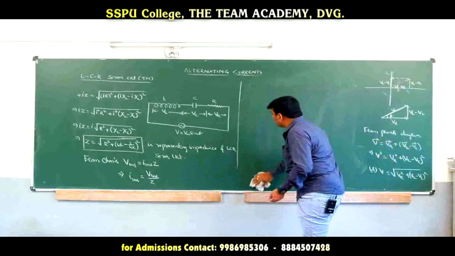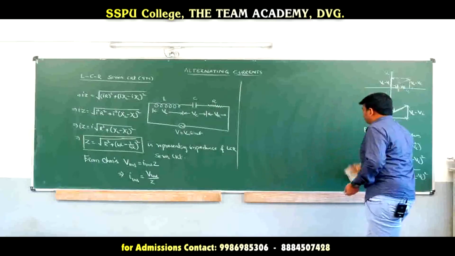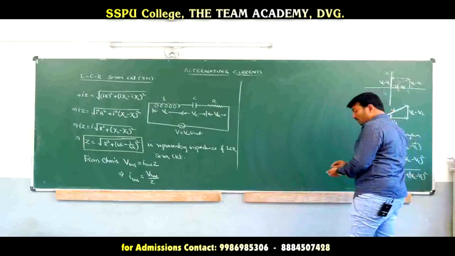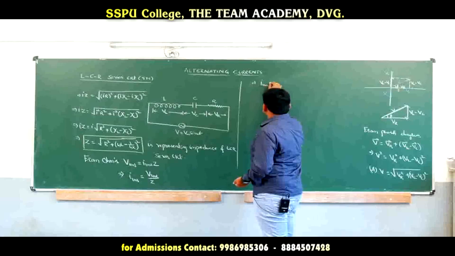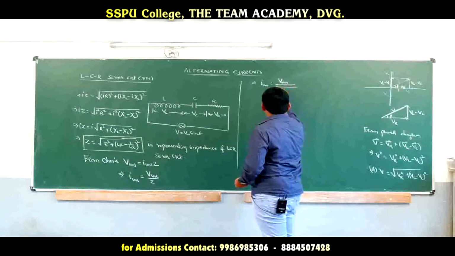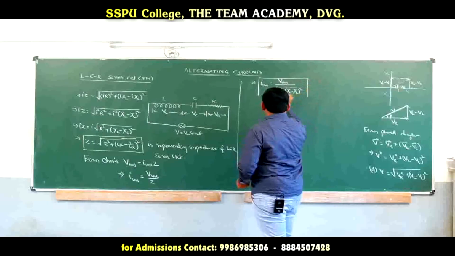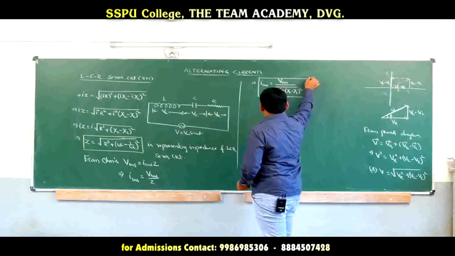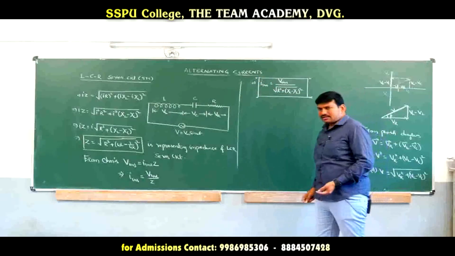Substituting the value of impedance in that equation, Irms, the current in the LCR series circuit, is equal to Vrms divided by Z, where Z is the square root of R square plus (chi L minus chi C) whole square. This is the formula for current in the LCR series circuit. This is how we are able to calculate the impedance and the current in the LCR series circuit.